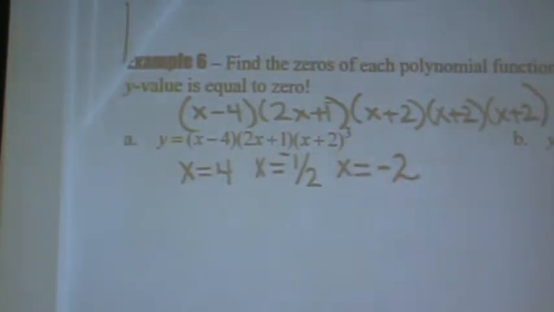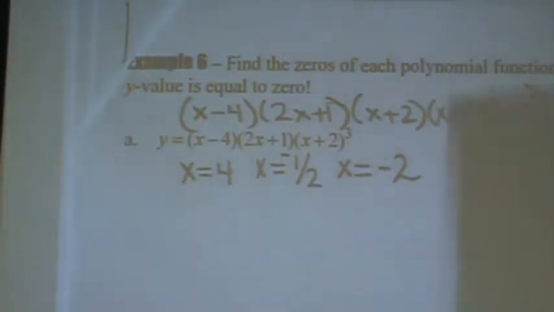There's 2 things that can happen at a 0. You can go through a 0, or you could touch a 0 and bounce off of it and not go through it.